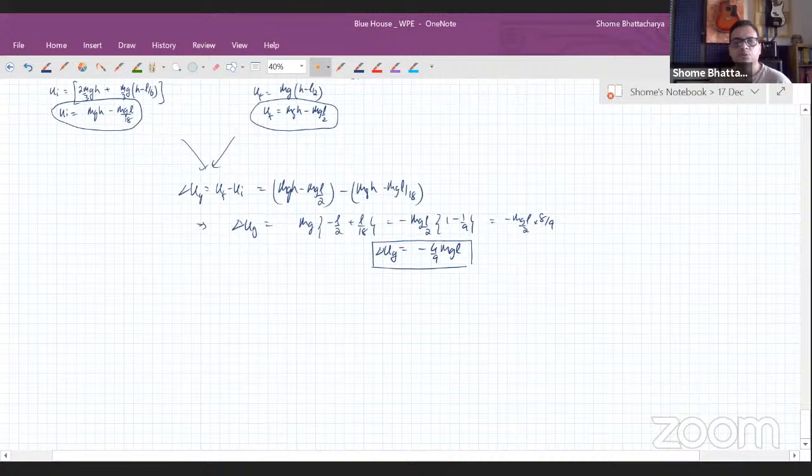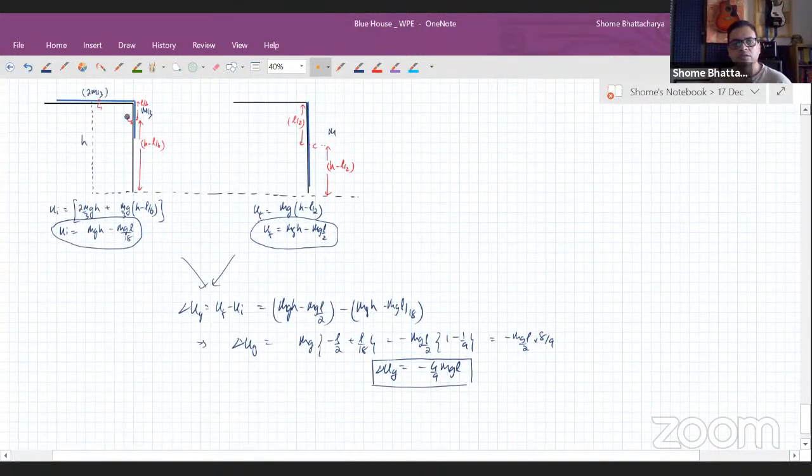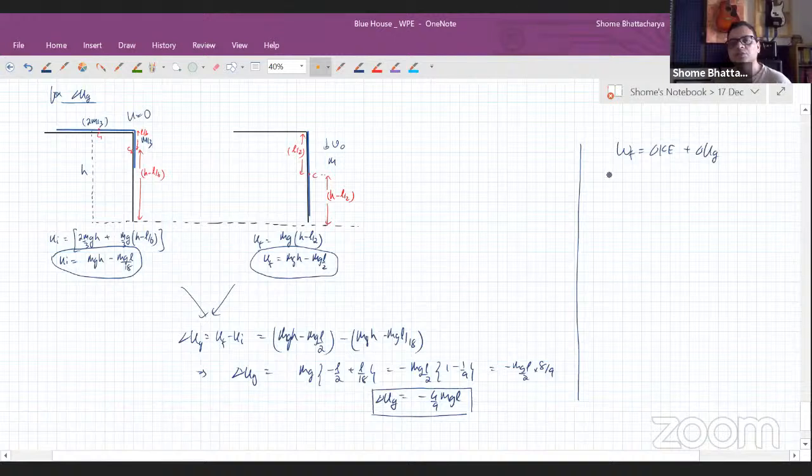Now we have to just put together the work energy situation. Here U was 0. By now the speed has become v0. So the work done by friction is equal to change in kinetic energy plus change in gravitational potential energy.